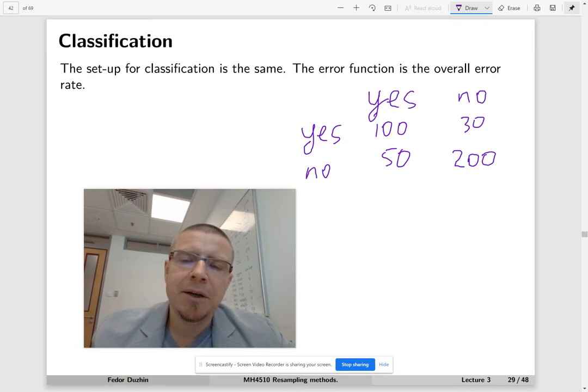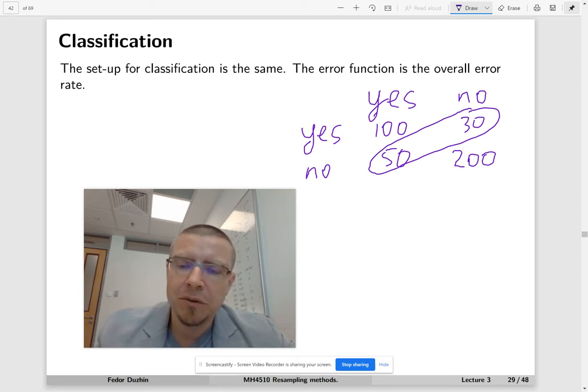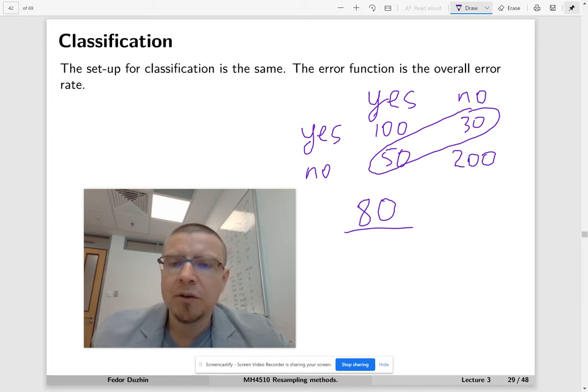So in this case, the overall error rate is going to be what? It's going to be the number of misclassified observations divided by the total number of observations. The number of misclassified observations is 80, and the total number of observations is 380. So this is the overall error rate.